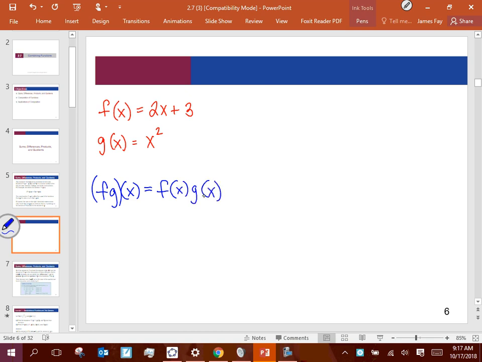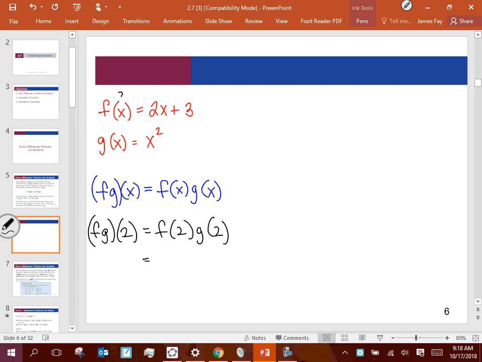So what if I'm interested in a specific x value? What if I'm interested in x being 2? So I'd be asking for f times g of 2. Well, that should equate to f of 2 times g of 2. Does that make sense, everybody? Well, what would f of 2 be?